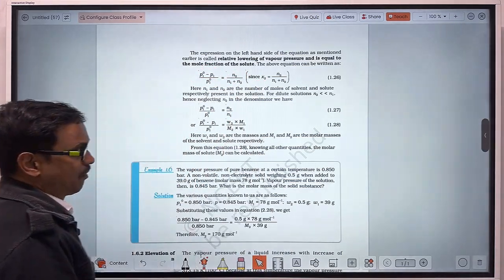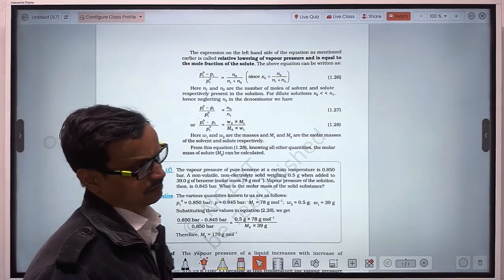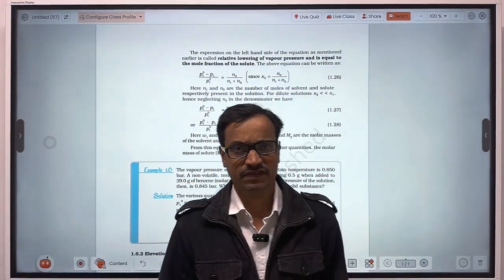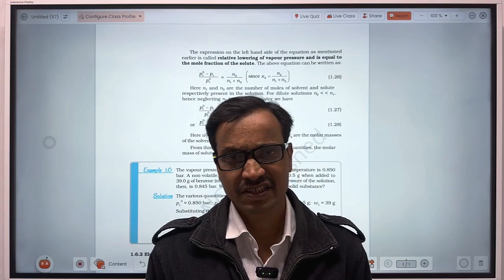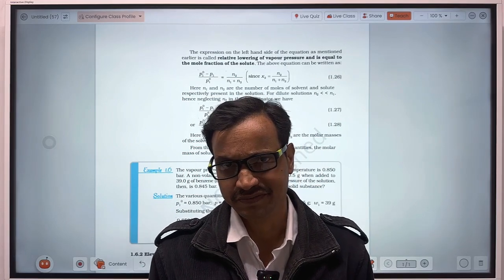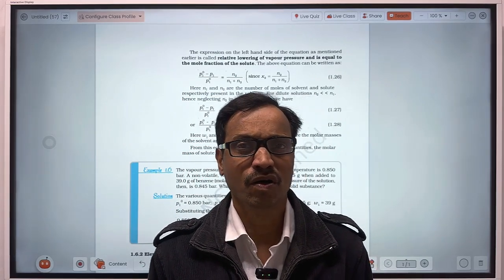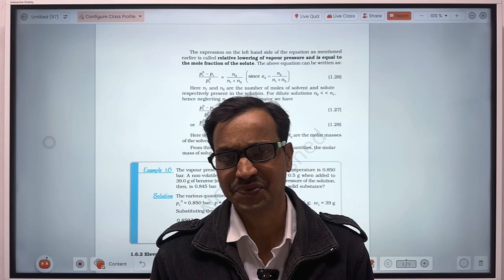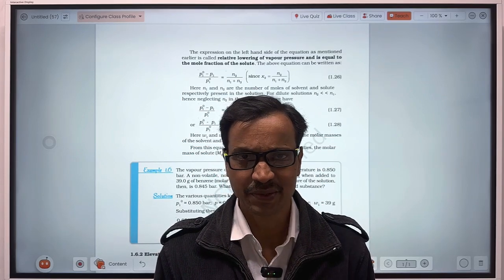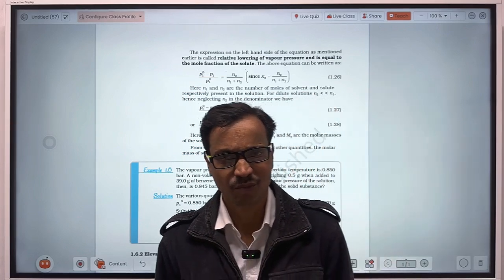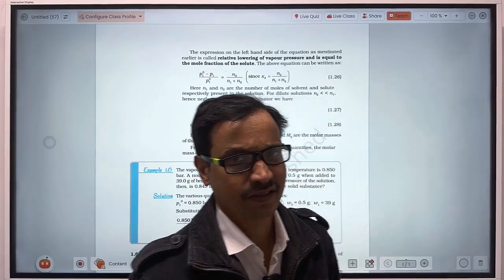For a binary solution, when a solid solute dissolves in a liquid, usually the number of moles of solute will be very less compared to the number of moles of solvent.